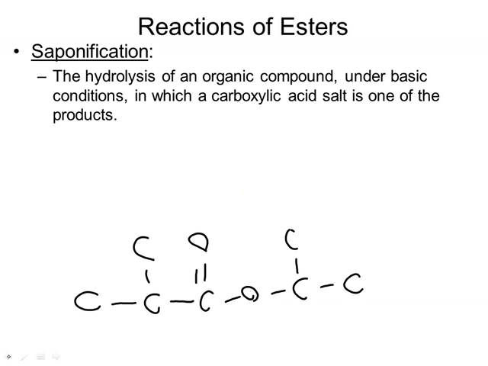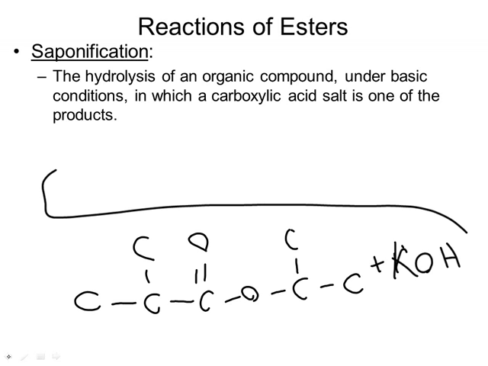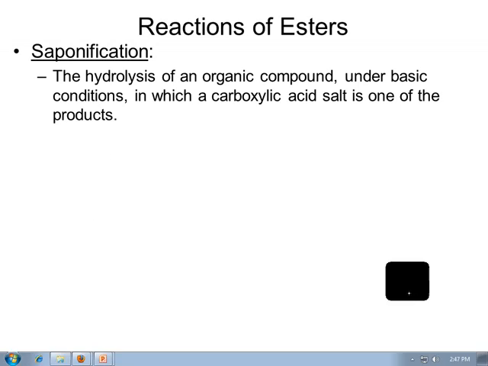So what happens is when I react these with, let's do potassium hydroxide instead, and go up here. It's hard to tell from my big weird arrow here, but whereas hydrolysis is an equilibrium, saponification is not. The strong base forces the reaction all the way to the right, so it goes all the way to the product.